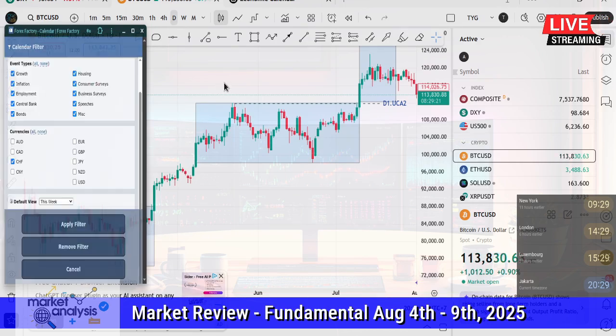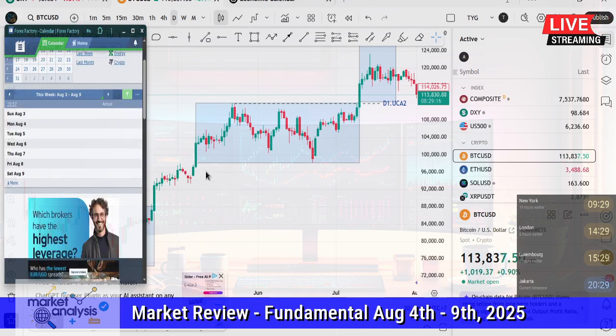Nothing more, we move to Euro. There is nothing important for Euro as well, so we expect Euro will be more docile in the next week.